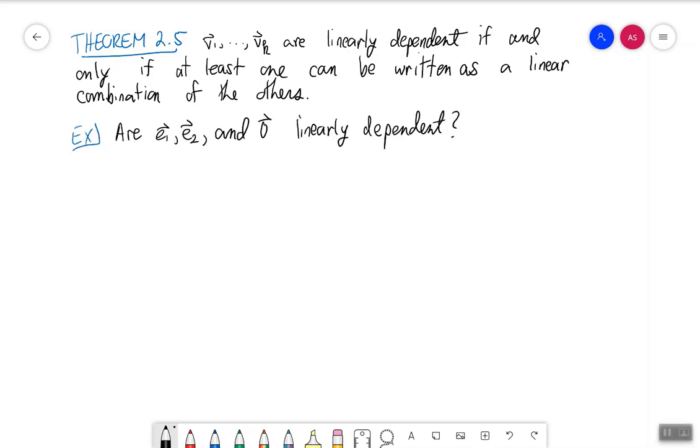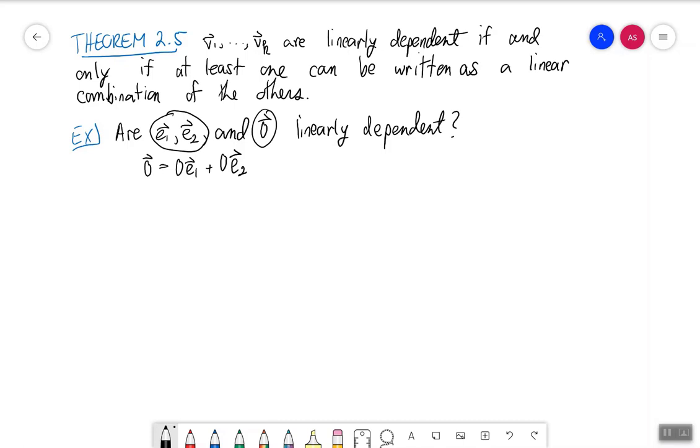Are e1, e2, and 0 linearly dependent? Well, we can, for instance, use theorem 2.5 and the fact that 0 is equal to 0 times e1 plus 0 times e2. That means that 0 is a linear combination of e1 and e2.